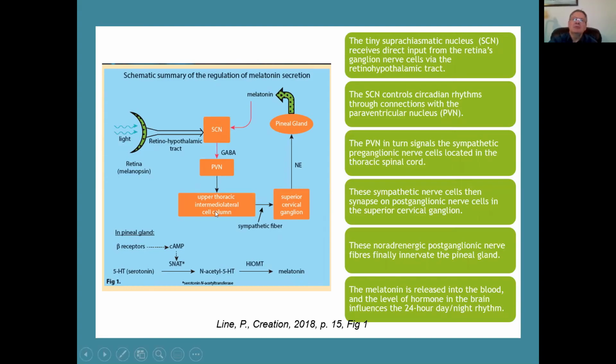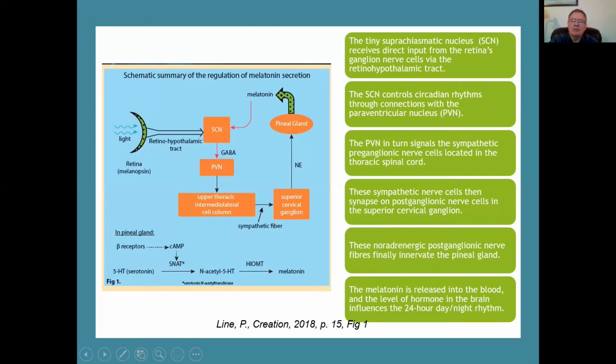So that happens throughout the autonomic nervous system. There's basically a chain of two motor neurons, and the second motor neuron then projects to the gland. So from there you have the postganglionic nerve fibers, which basically innervate the pineal gland.